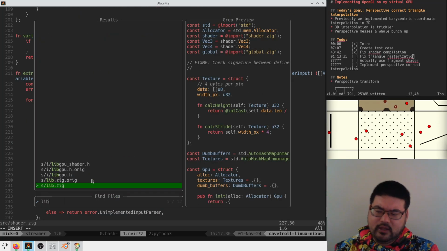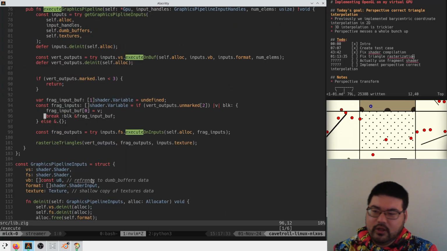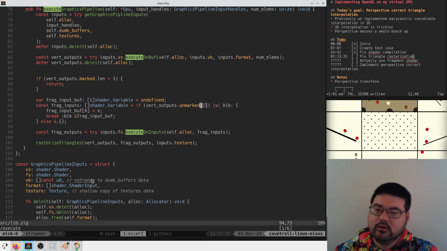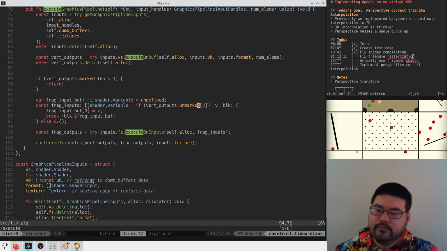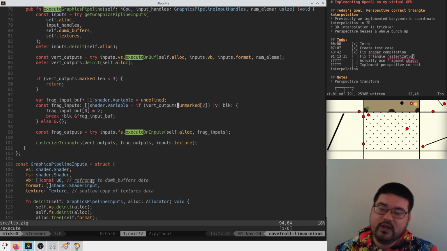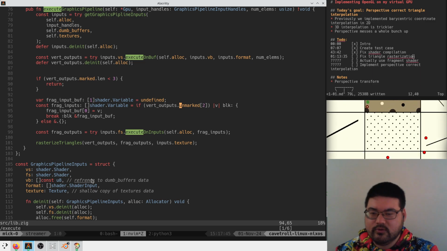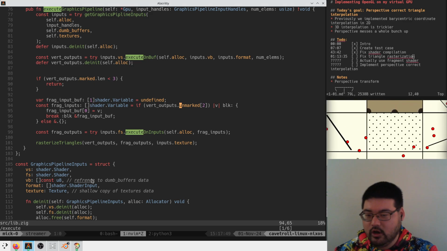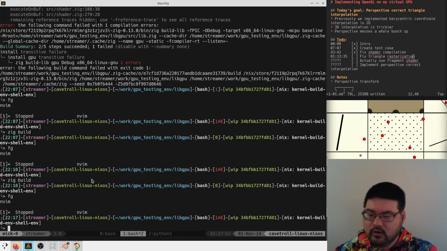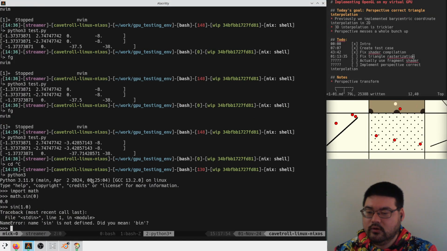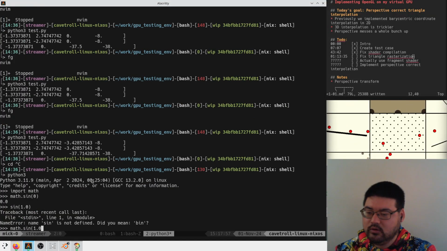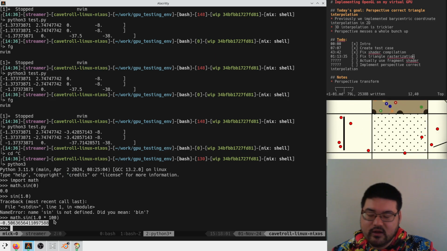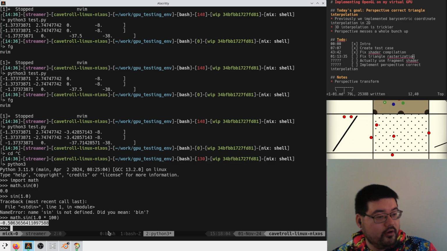So this is going to be lib.zig, execute graphics pipeline, our fragment shader inputs. We are trying to just use this with the third output of our fragment shader. So we're doing sine 1.0 is what's supposed to be happening here, times 100, which is what we are getting here. This negative 506, that's what we saw as our fragment shader output.